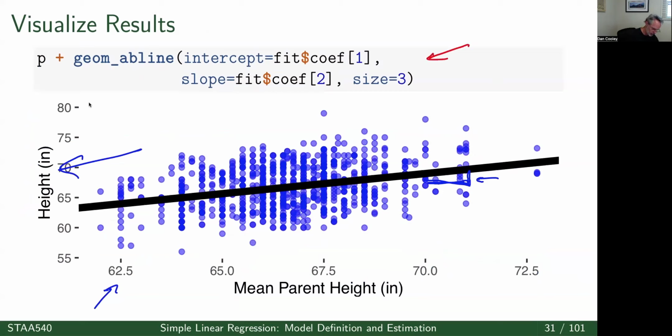But if you use this command, which is using some commands from ggplot, what we end up with is that scatter plot that we saw before, and then we are fitting in our line of best fit. So notice that there's this P.